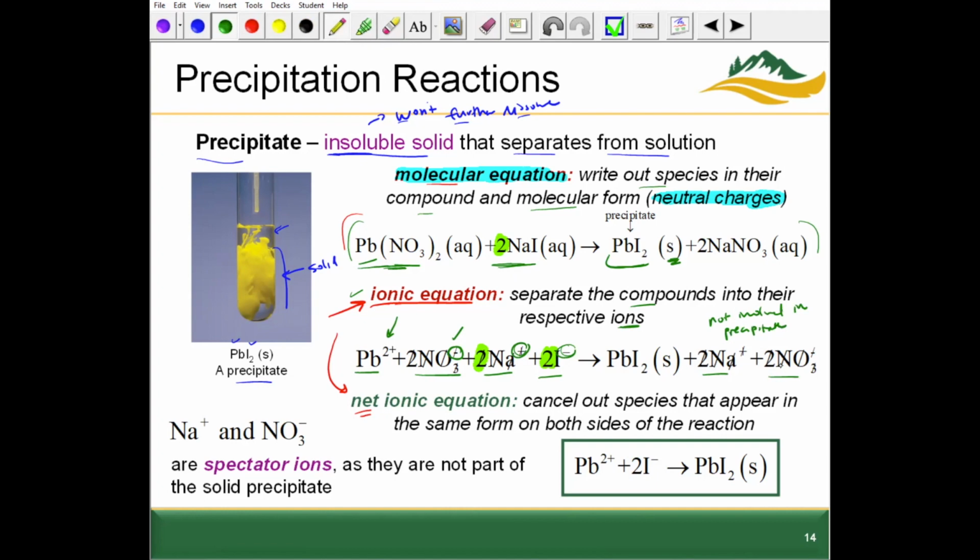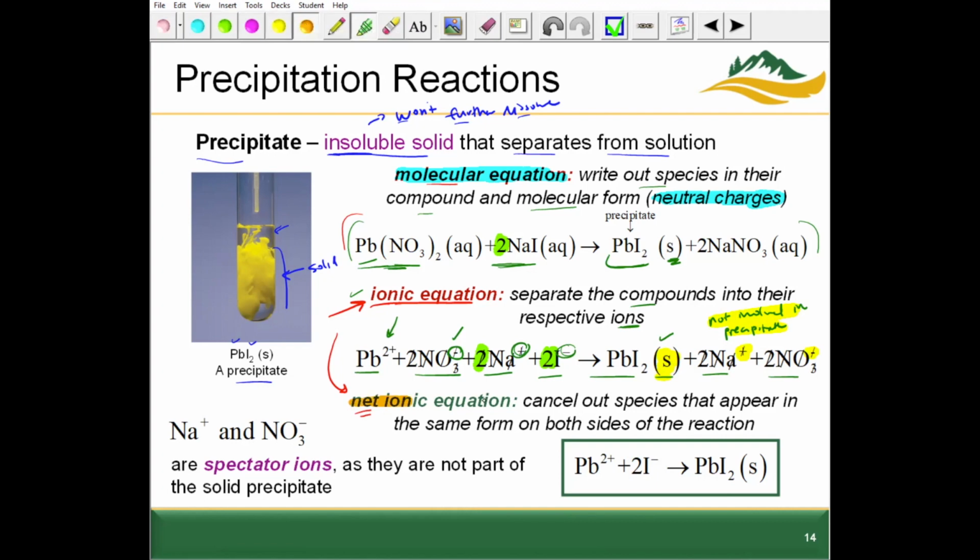So sodium and nitrate don't make a solid precipitate. It's the lead and iodine that do. We'll get into how we predict that lead and iodine will be an insoluble precipitate. So for these on the product side, we either have this solid or we still have the ions that are present now on the product side. These again are the ions that were not involved in forming this solid precipitate.